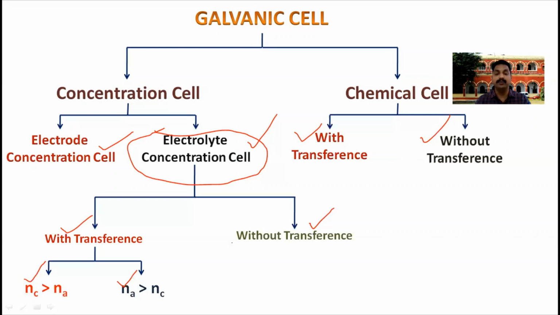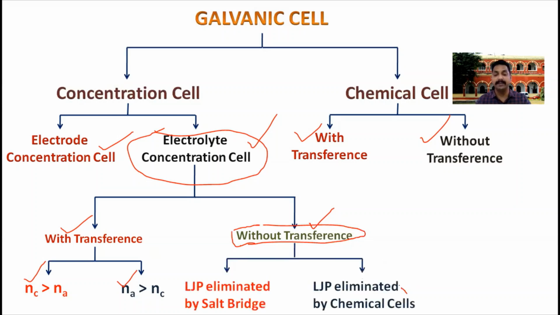Now, when we come to without transference, here again we have two categories. What are those? Without transference, which means LJP eliminated by salt bridge or LJP eliminated by chemical cells. So like this, we have classification of galvanic cell.